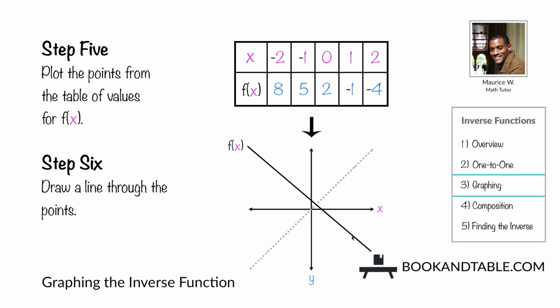And now we take the table for the inverse function and plot those points. So here are the points for the inverse function. Now for this inverse function, the way that I drew f of x, these x coordinates actually do not fit within this coordinate plane. But these 2 points here do fit.